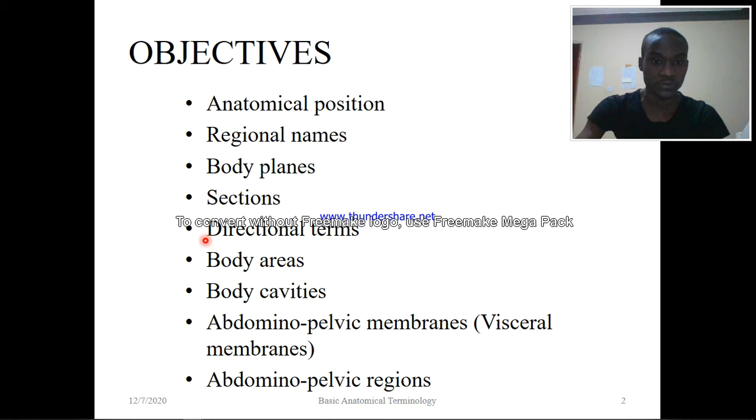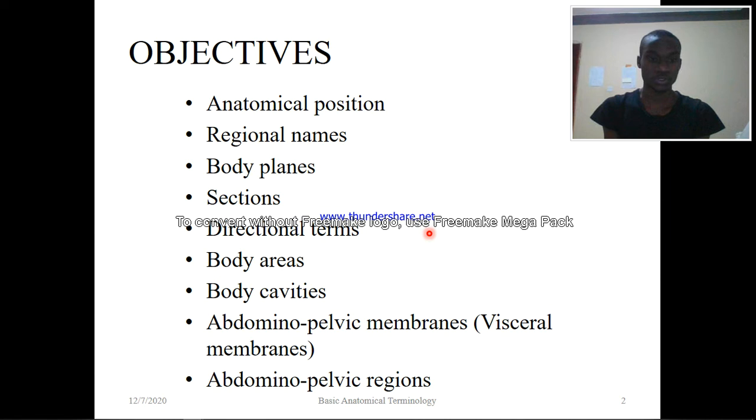The other objective will be the directional terms. By the end of this topic, someone should be able to define what a directional term is, give that general definition, and then mention and describe the different directional terms that we are going to encounter in this topic.